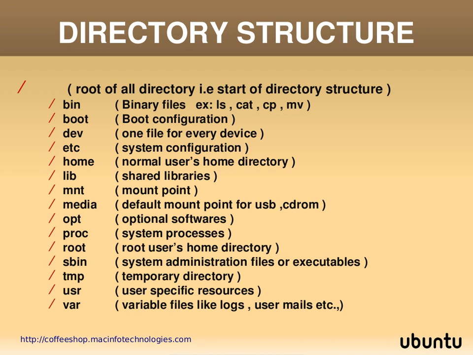So we have slash dev. Slash is the main directory, the root directory, and we have a dev directory. It holds one file for every device. In the dev directory we have one file for all the devices in the computer. There can be folders and subfolders under dev.